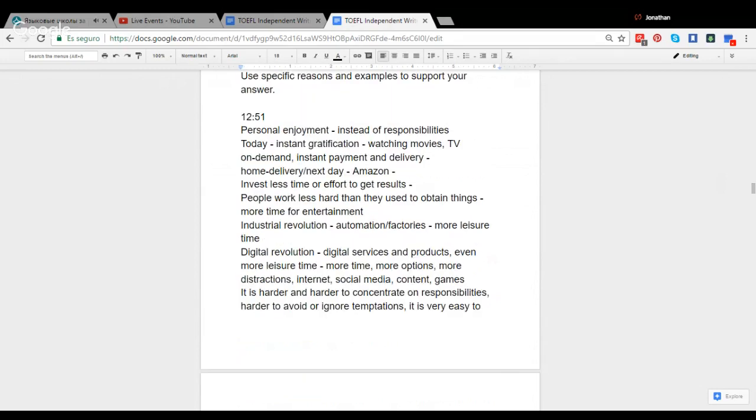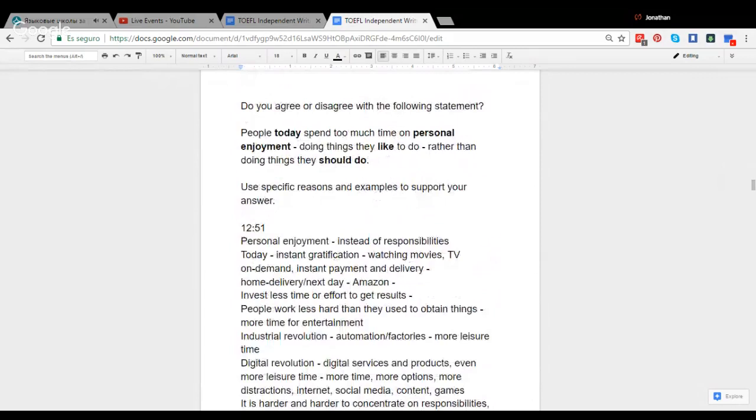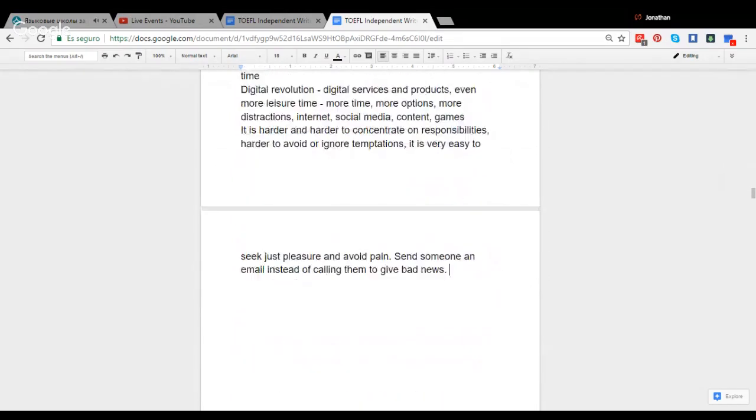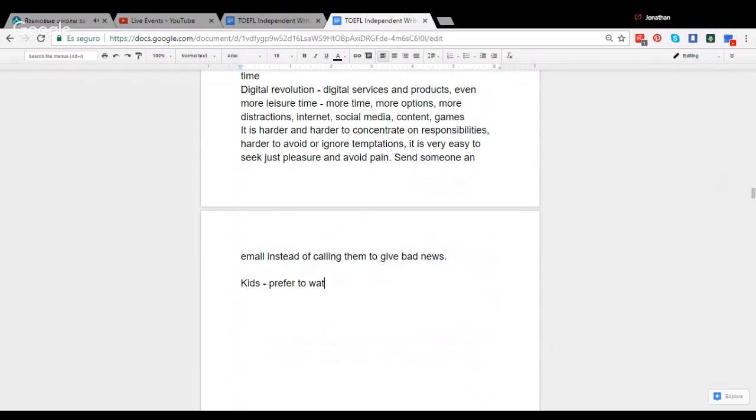There is the enjoyment, there are the responsibilities. If I pull this back a little bit more, I'm getting kind of off topic with this one. So I would say, if I just keep this simple, my kids prefer to watch TV than pick up their room.